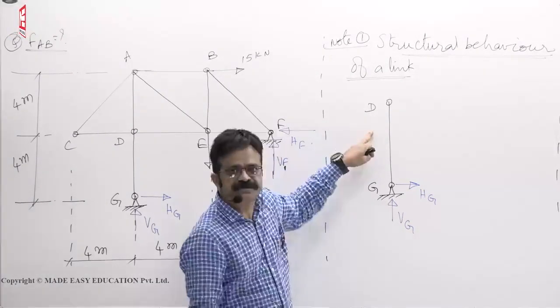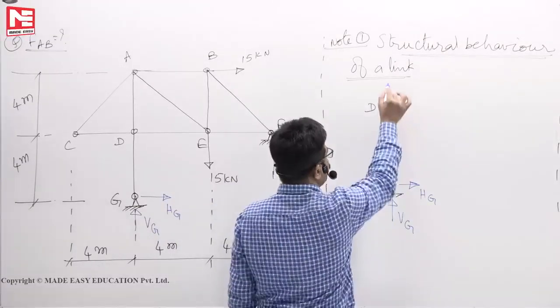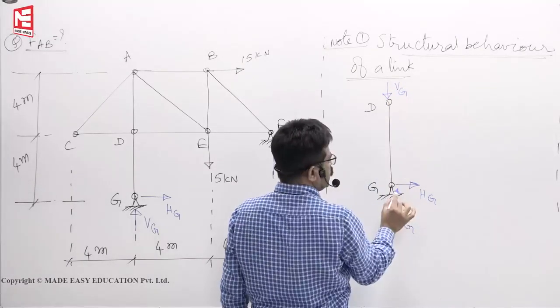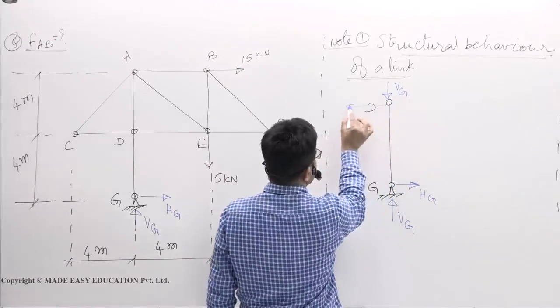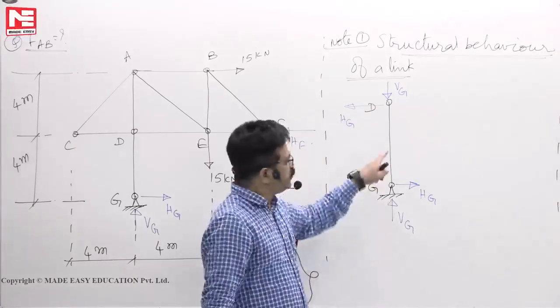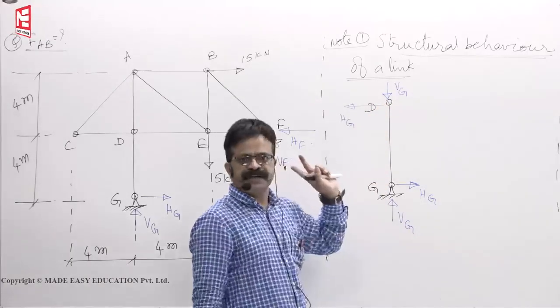To keep this member in equilibrium from sigma y equals 0, if Vg is upward, this has to be downward Vg. If Hg is right side, here to keep in equilibrium, Hg must be left side. Link means no intermediate loading. Smooth pin here, smooth pin here.